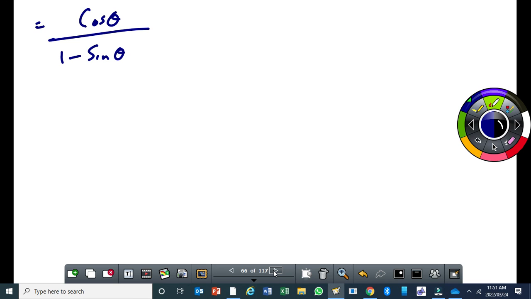When we multiply this denominator by itself. Okay? So we can end up having cosine of theta divided by 1 minus sine theta times.